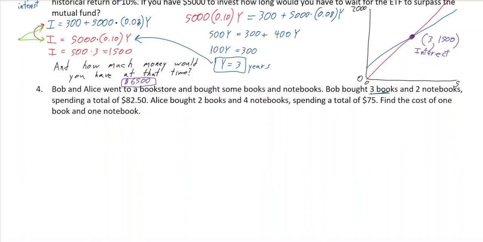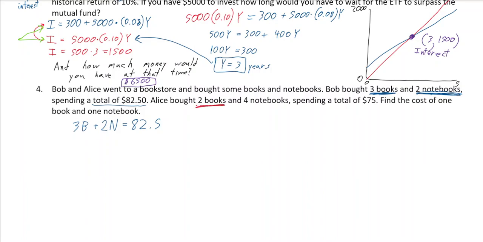But anyways, basically, here's the thing. Bob bought 3 books, 3B, and 2 notebooks, so plus 2N, spending a total of $82.50. So this is Bob's purchases. That's the first situation.